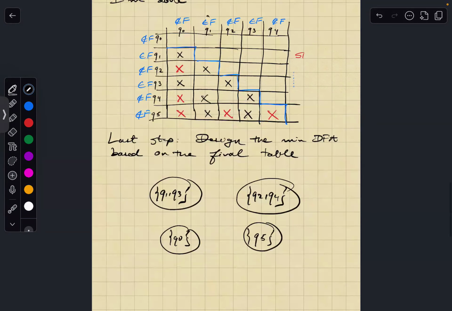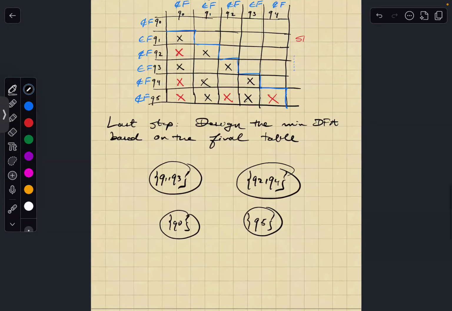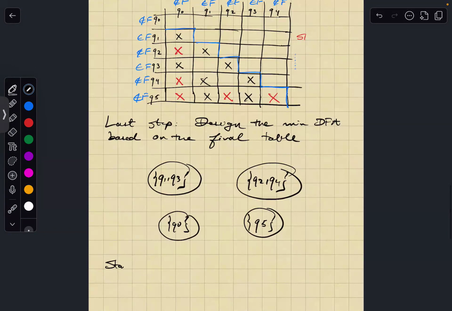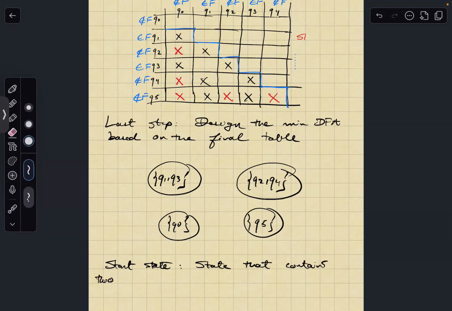Now, what's going to be the start state? The start state is going to be the state that contains, because remember now states are sets, the start state from the original DFA.